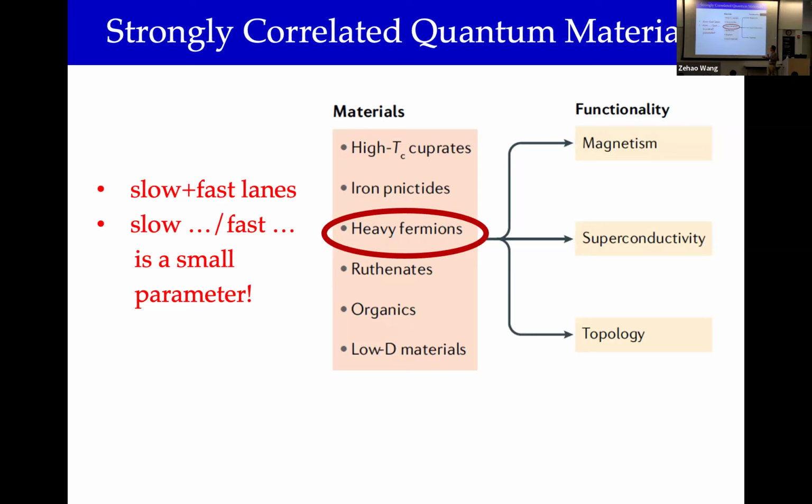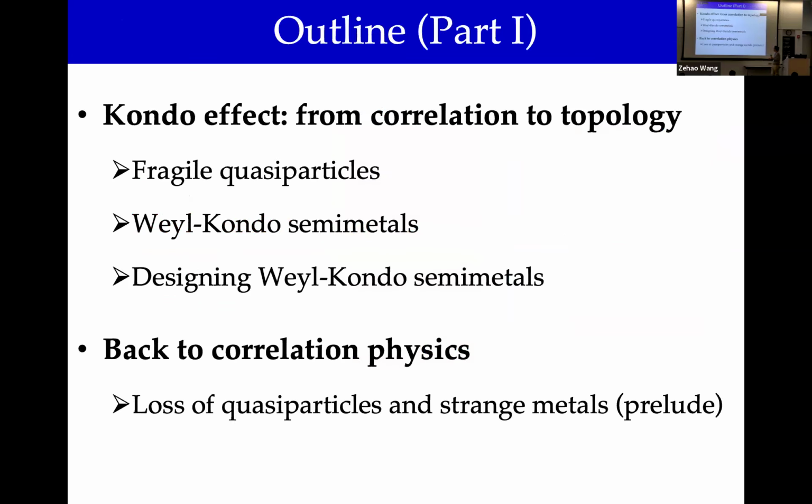So there's some ratio of velocities which is useful as a small parameter. And since we want to treat the problem non-perturbatively, any small parameter helps with the theoretical progress. So that's the motivation.